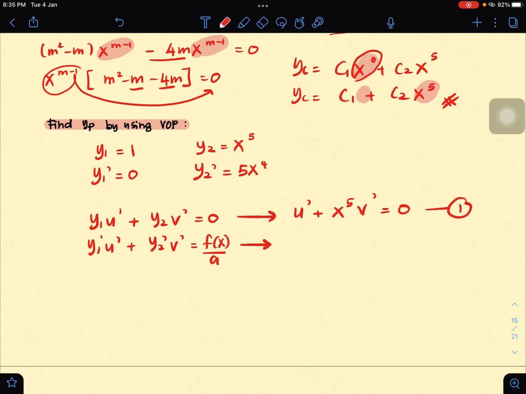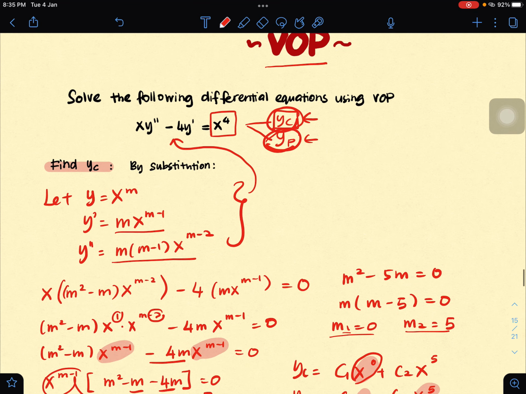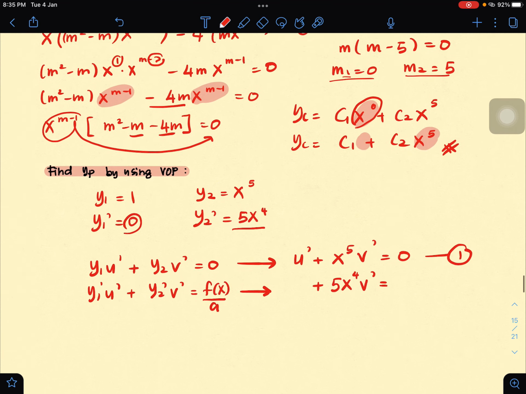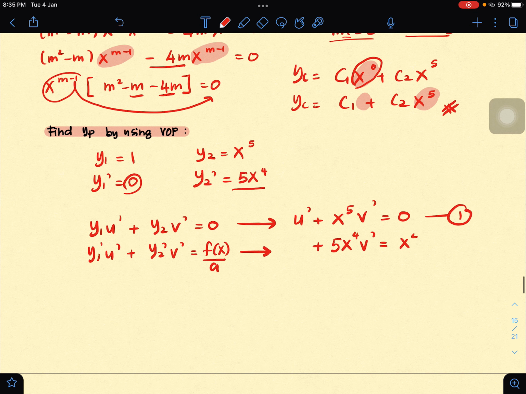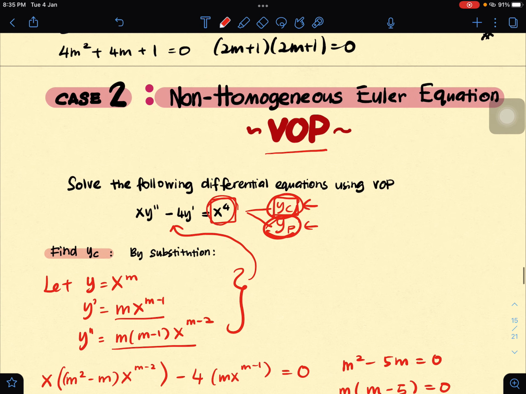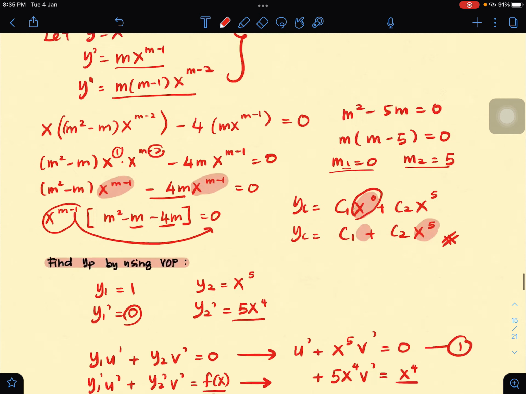Your y1 prime is 0, so 0 multiplied by u prime is 0, plus 5x to the power of 4 v prime equal to fx. Your fx is the one on the right side, x to the power of 4, divided by a. A is the coefficient of the second derivative, which is x.